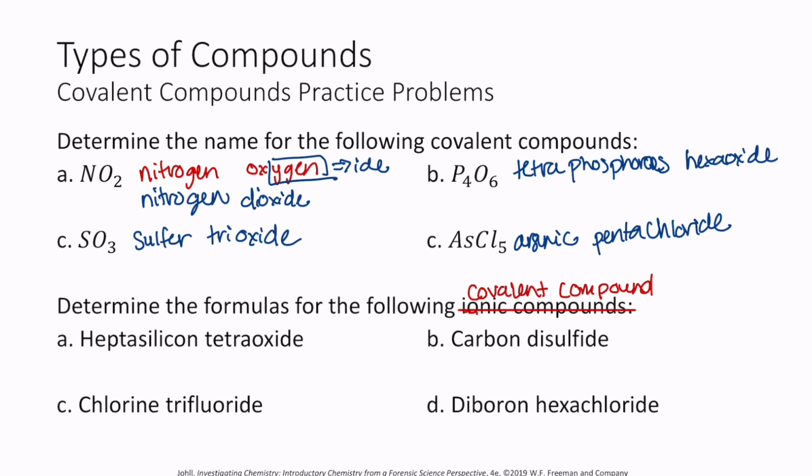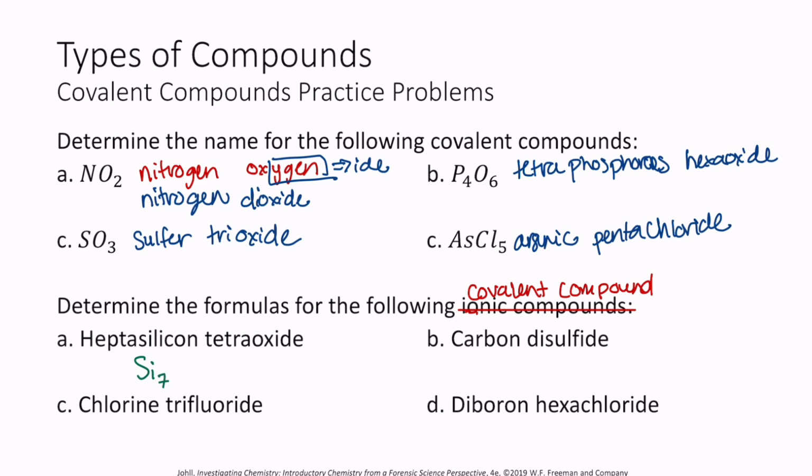For this one, I'm going to look at what the prefix means. So hepta is 7, and I'm dealing with silicon. So for my formula, I'm going to have Si, and since I have 7 of them, I'm going to write the subscript 7.